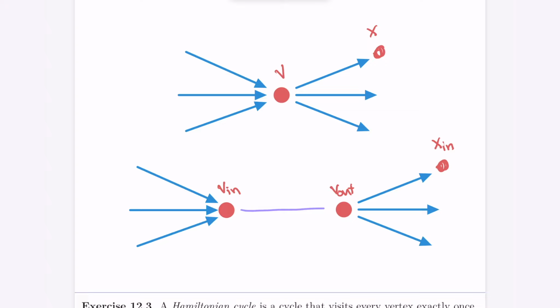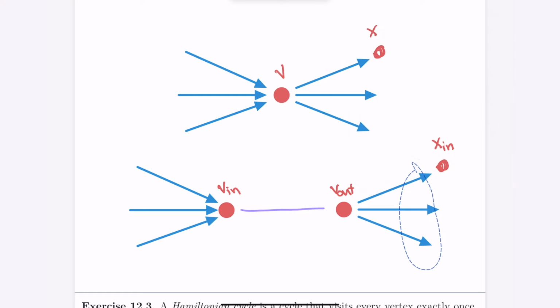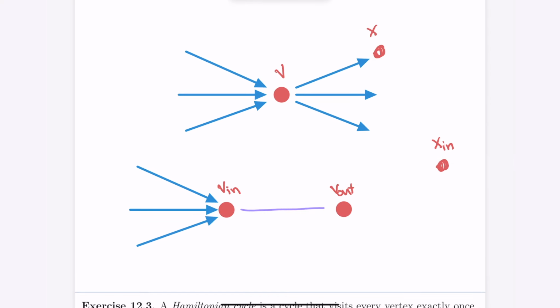Okay, but our graph can't have direction, so these now need to not have arrows. Can I control that? I don't think so. Okay, so these will become undirected edges.